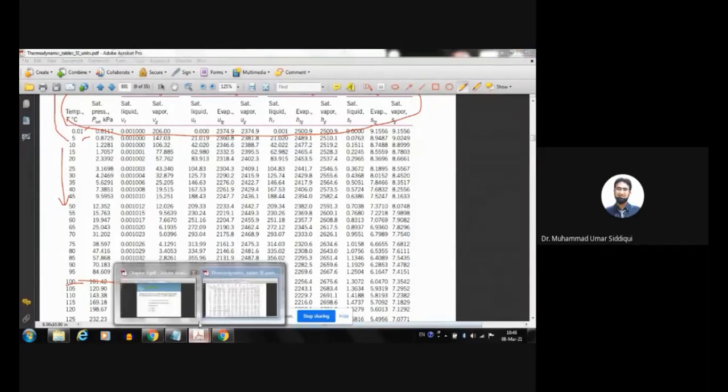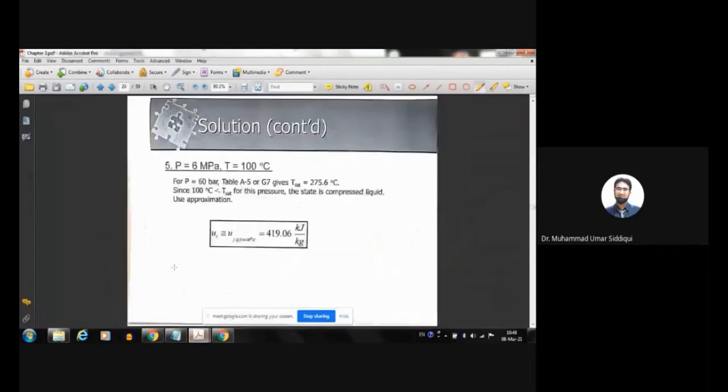So in this case, in part 5, at 6 megapascal, 100 degrees centigrade, you can stay in the saturation table at 100 degrees centigrade, take the F value of U, and this 419.06 is the answer.